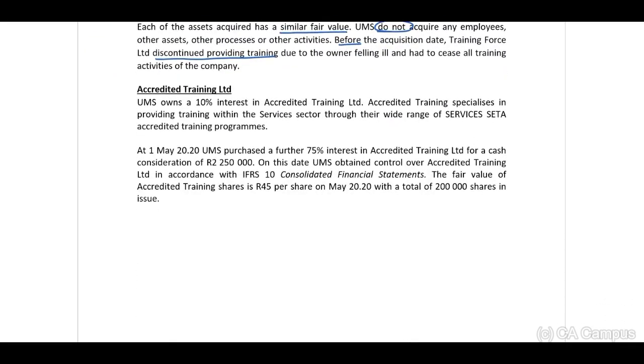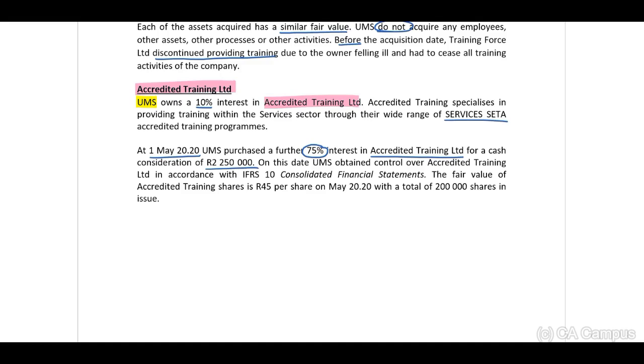Then Accredited Training Limited. Upgrade My Skills owns a 10% interest in Accredited Training Limited. Accredited Training Limited specializes in providing training within the services sector through their wide range of services CETA accredited training programs. At 1 May 2020, UMS purchased a further 75% interest in the Accredited Training Limited for a cash consideration of 2250000.